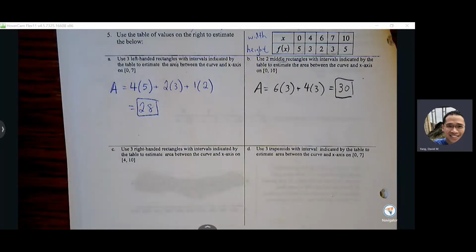Pay attention to your left and right endpoint, right? You're starting at 4 and you're ending at 10.